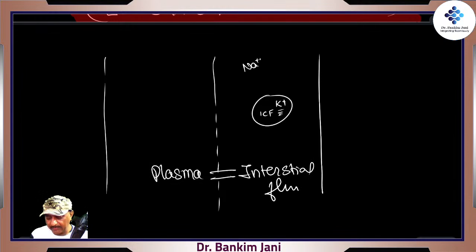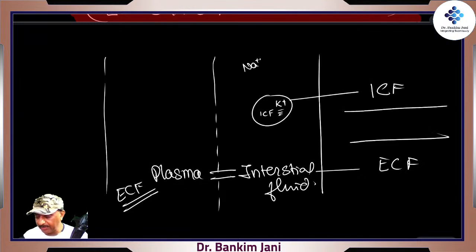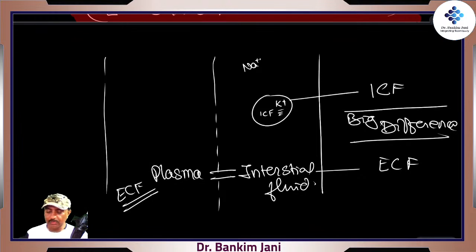There is a very minor difference, otherwise they both are the same. Collectively ECF. But between this ECF and this ICF, there is a big difference, and it is this big difference which leads to most of the physiological activities of electronics, right? Whatever is happening there would be because of this.